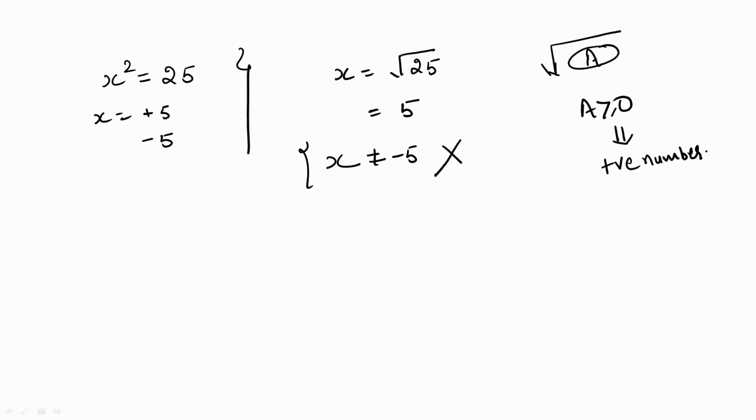For the time being just listen: whatever number we write here is called the domain, and the domain is always greater than or equal to 0 for this value, so x is never equal to -5 in this case, because of what is inside the under root.